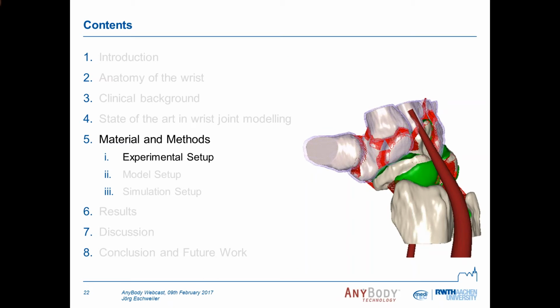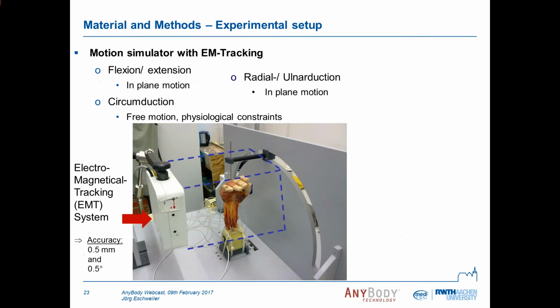Now I want to show how we acquired information about the motion behavior of the wrist joint. Therefore, we developed a special motion simulator combined with an electromagnetical tracking system. The motion simulator allows, in case of flexion and extension, and also in radial and ulnar adduction, an in-plane motion, and also in case of the circumduction motion, a free motion.